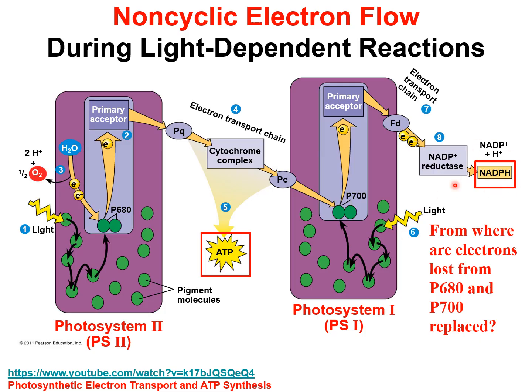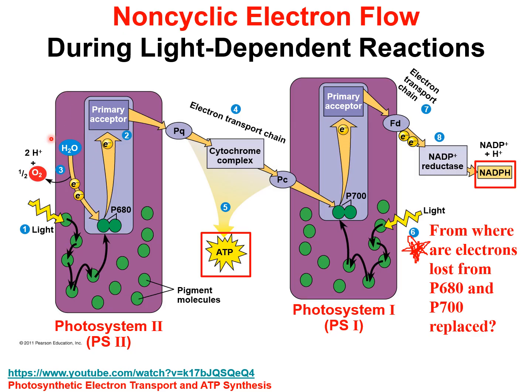Okay, and then we need to answer this really important question here. I would star this in your notes. From where are the electrons that are lost from P680 and P700 replaced? It's just saying these electrons that we boosted up in photosystem 2 and in photosystem 1, where do we replace them from? If we look at our picture, you can see that we're going to get electrons from water.